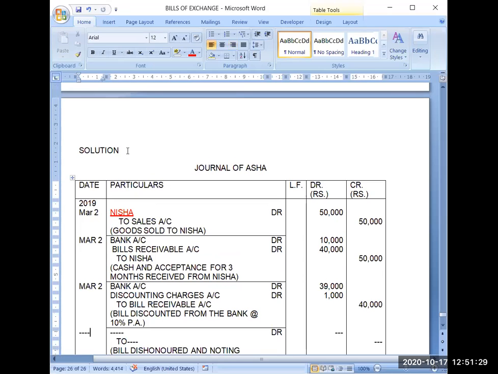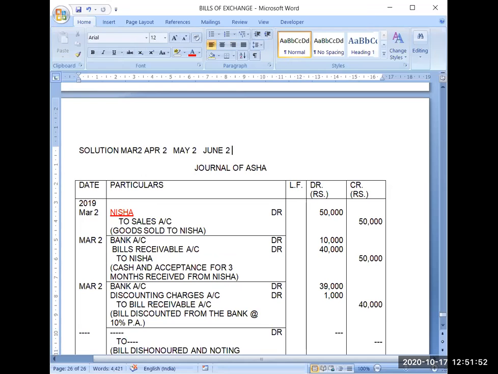So March 2 was the date on which bill was returned. Now I have to count 3 months. So April 2, then May 2, and then June 2. This all you can show in working notes. June 2, 3 months will be completed.